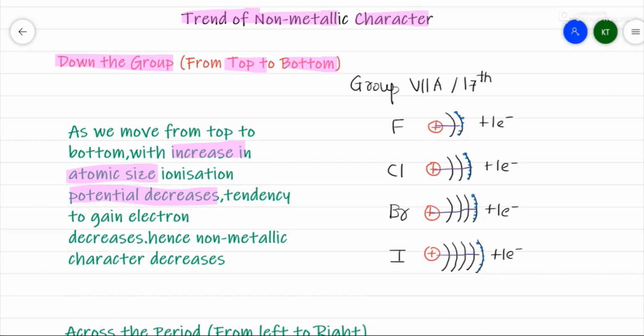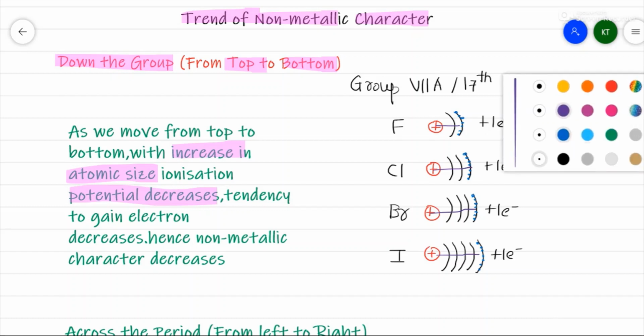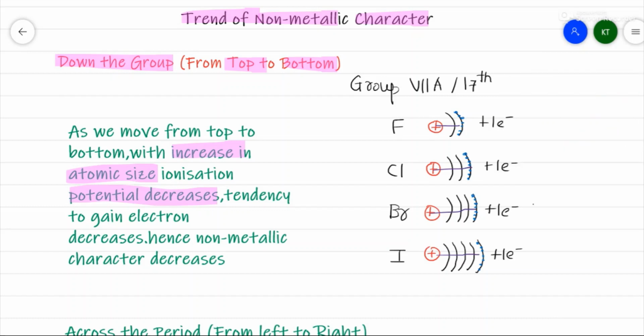Now here fluorine, which has got a smaller size, readily gains or readily accepts an electron because of its smaller size. So it is more non-metallic.